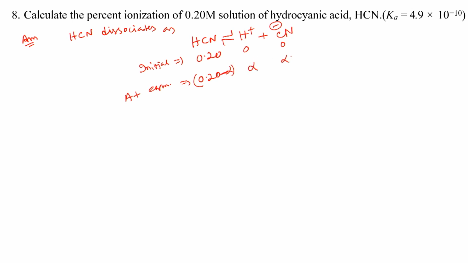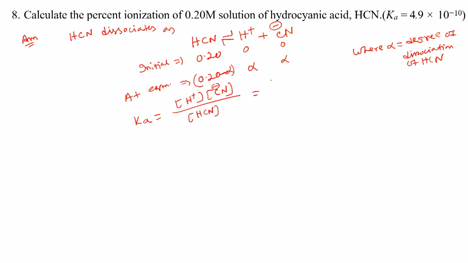Okay. So, here alpha is the degree of dissociation of HCN. Ka is concentration of H plus times concentration of CN minus by concentration of HCN.